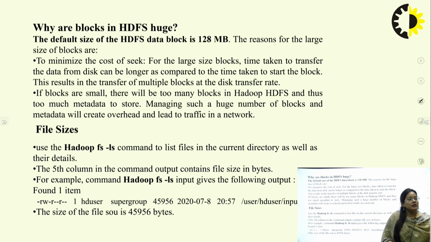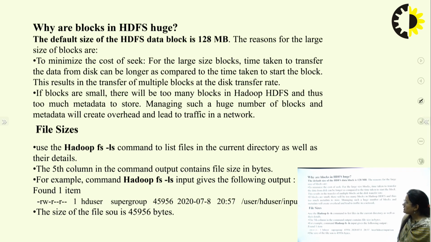The first one is to minimize the cost of seek. For a large block, the time taken to transfer the data from disk can be longer as compared to the time taken to seek to the start of the block. This results in the transfer of multiple blocks at the disk transfer rate.